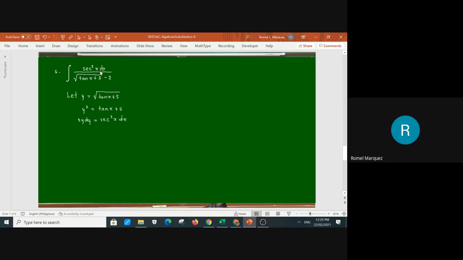So secant squared x dx is already in the expression inside the integral. So what is that equal to, guys?